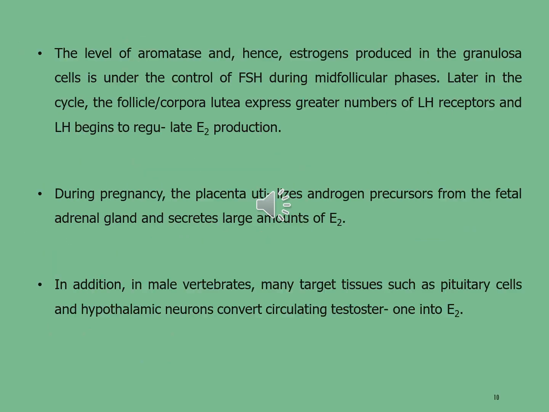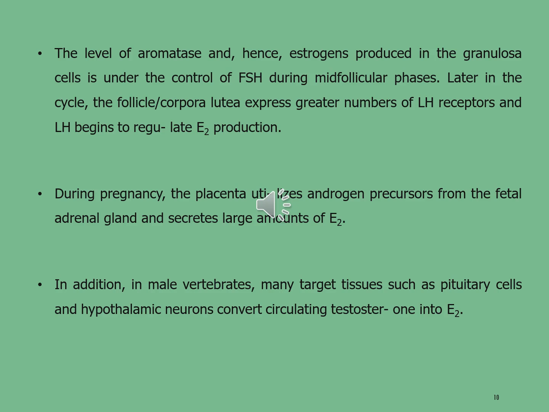The level of aromatase, and hence the estrogens produced in the granulosa cells, is under the control of FSH during mid-follicular phases. Later in the cycle, the follicle and corpora lutea express greater numbers of LH receptors and LH begins to regulate E2 production.